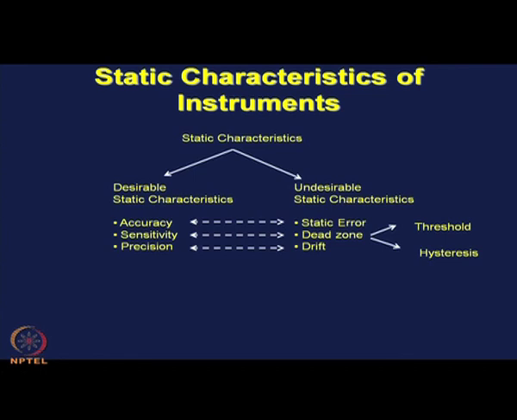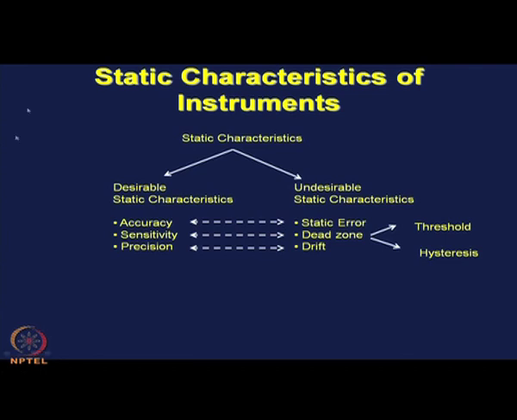These are the set of static characteristics we should be familiar with. As we define, these are the characteristics which we must consider when the measuring medium is not changing with time or changing very slowly with time. The static characteristics can be classified into two categories: desirable static characteristics and undesirable static characteristics.